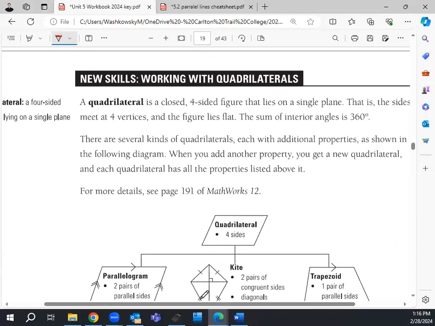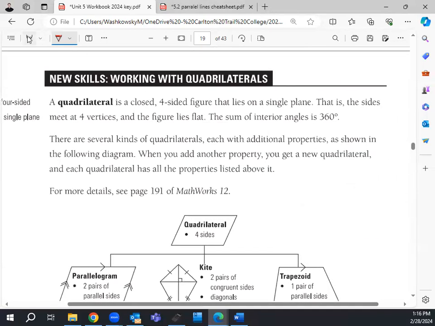The one thing we do really need to know from this page, however, is, one, we need to know that a quadrilateral is a closed four-sided figure. So it has four sides. And we also need to know, and this is the big one, that the sum of the interior angles is 360 degrees, right? So if I have this shape here, it's just a random shape.